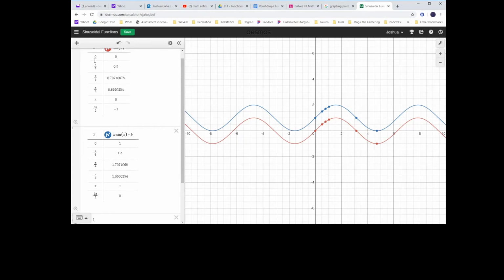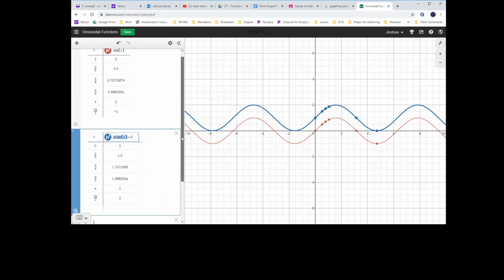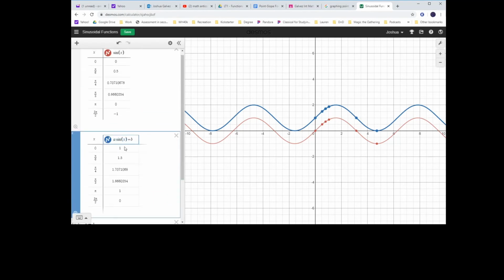Before, I plugged in 0 and I got 0. Now I'm plugging in 0 and I'm getting 1. And this makes sense because you're still getting the same value for sine of x, for this part here that I'm highlighting. This part is still equal to the same value. But right now, because b equals 1, I'm adding an extra 1 before it hits the output side of the table. So the same thing is happening for all of these values.